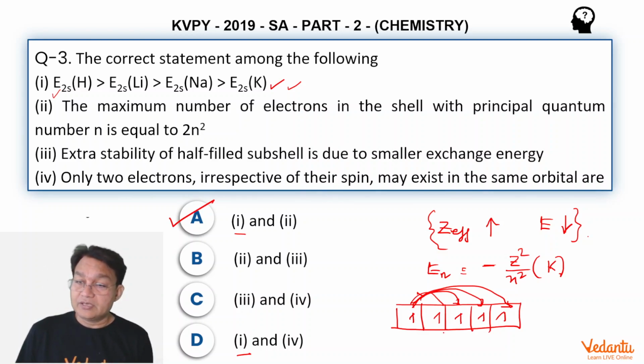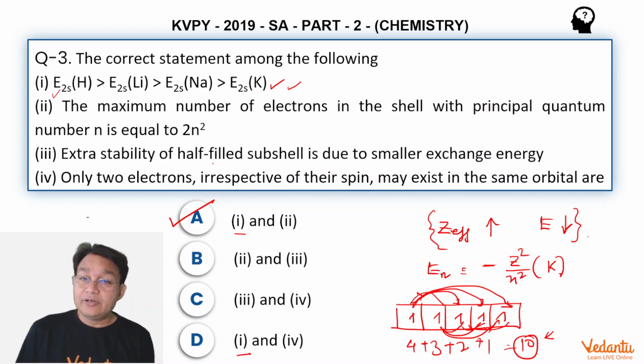The first can be exchanged with four others, the next with three, then two, then one. So 4 plus 3 plus 2 plus 1 is 10. So 5C2, or 10 exchanges, are possible in a half-filled shell. These are a lot of exchanges, so the extra stability of a half-filled orbital is due to larger, not smaller, exchange energy. So that option is of course incorrect.